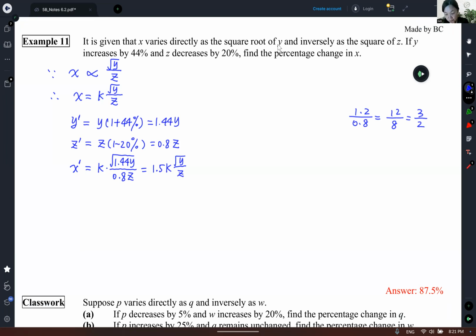It's not 85, it's 7.5 though. Is it y increases? Oh, square of z, sorry. The square of z. Sorry, I made a mistake. It's the square of z. No. Sorry, I made a mistake.